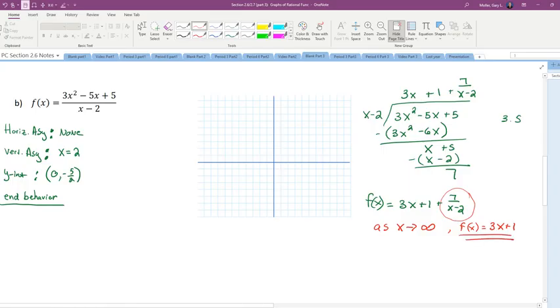So if I plug in like a million, I could plug it into this function right here, but I can realize that this chunk of it is just going to give me a result of 0. So the real power is just happening at 3x plus 1. What does that mean? That means this is what's known as our slant asymptote.